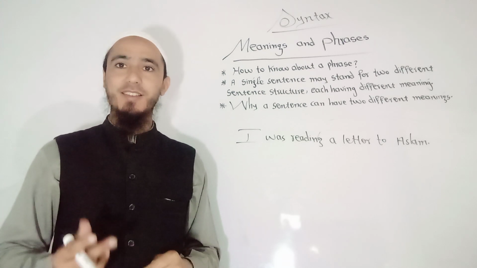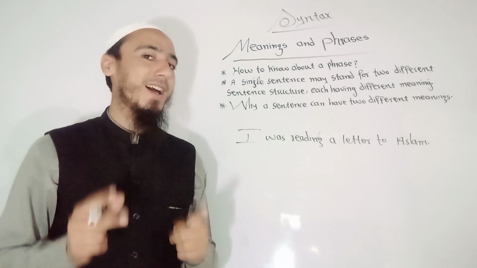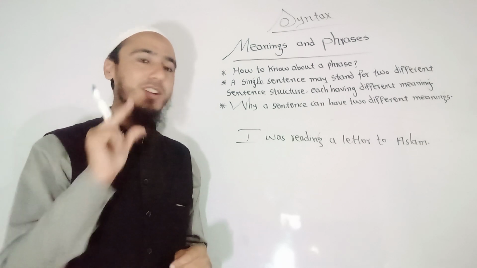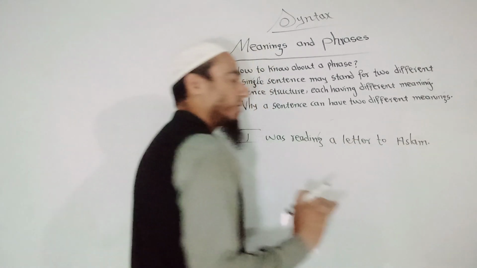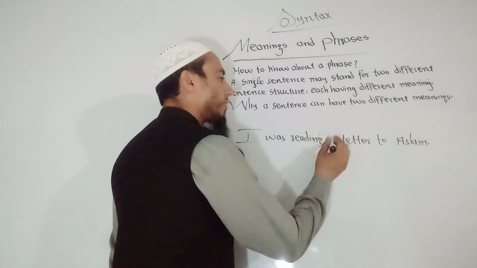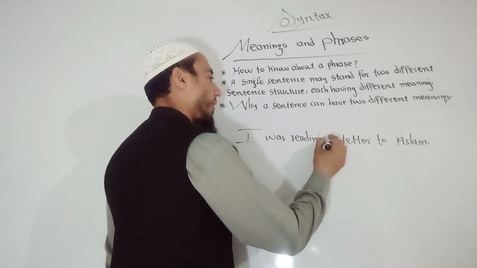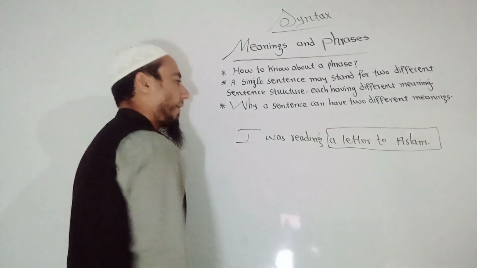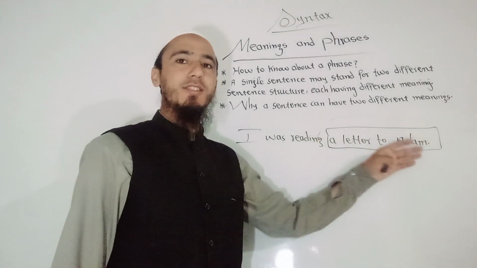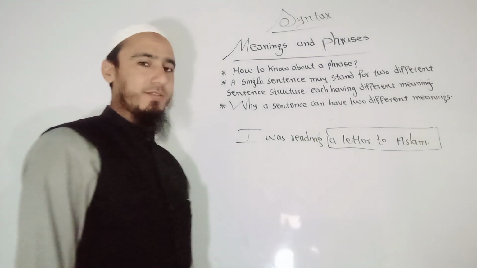Now the question arises: how does a sentence have two different structures? Let me write it. For example, I was reading a letter to Aslam. The first structure is this one. I was reading a letter to Aslam. This is the first structure of the sentence.